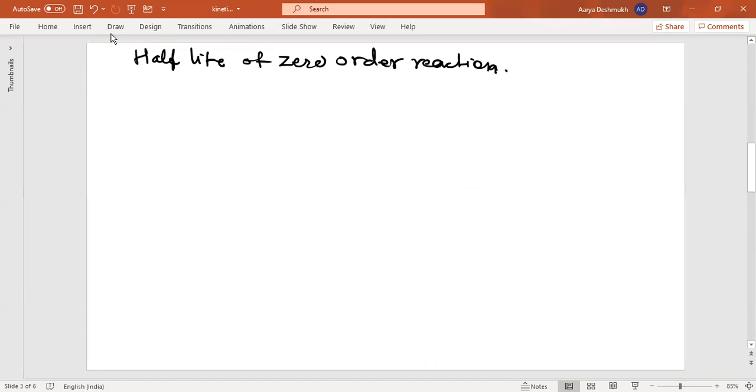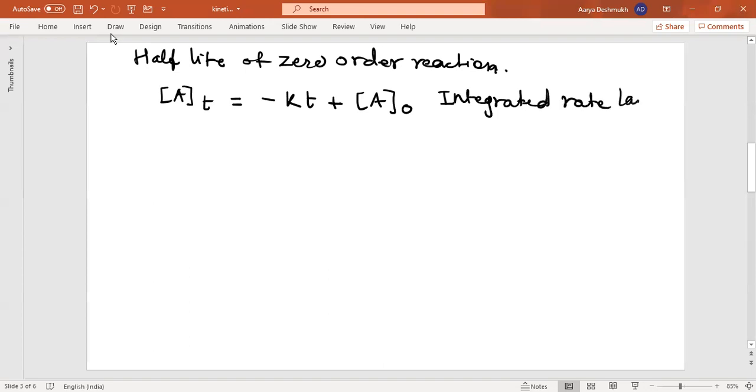We will first use the integrated rate law equation for the zero order reaction, which we discussed just now. You should always remember all these equations. This is the integrated rate law for the zero order reaction.